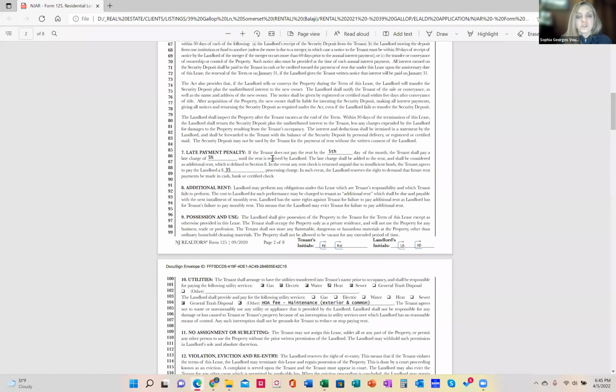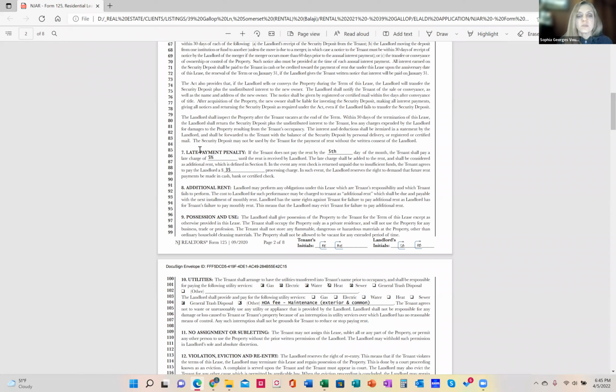So I always just do, if they don't pay by the 5th day, then the tenant shall pay a 5% late charge until the rent is received by the landlord. The late charge shall be added to the rent and considered additional rent. And if the rent check bounces, the tenant agrees to pay a $35 processing charge.